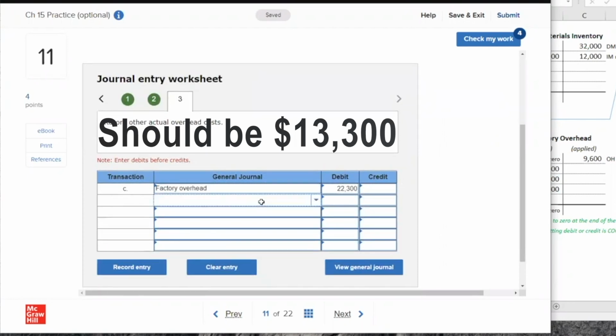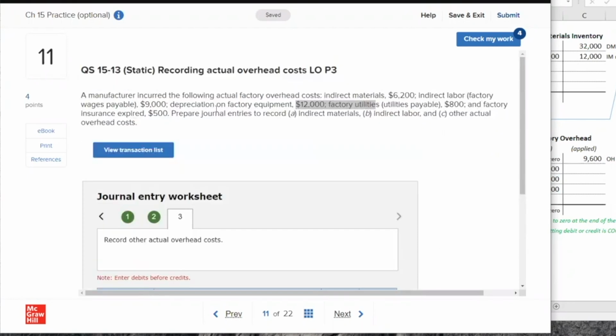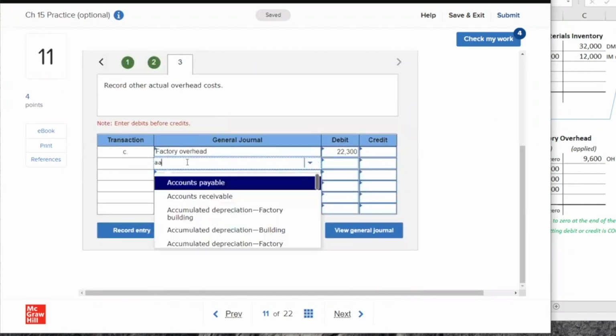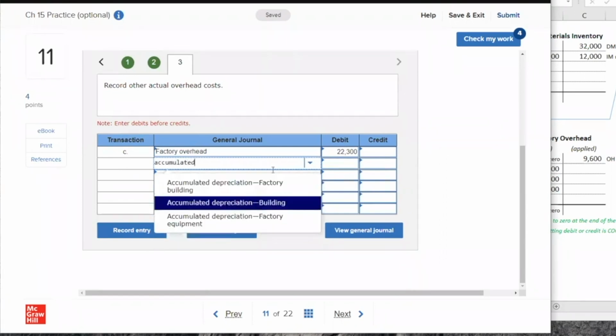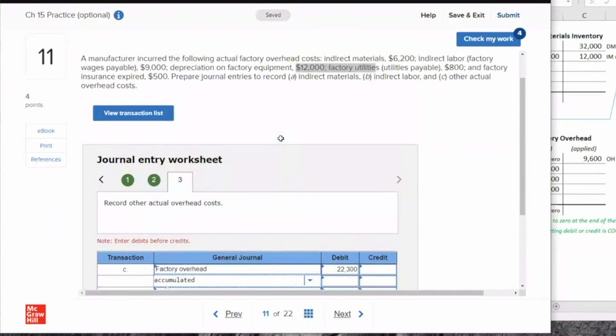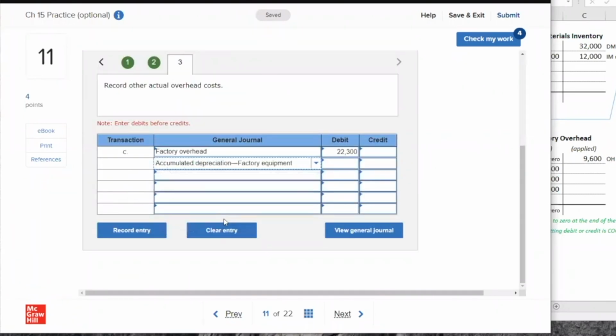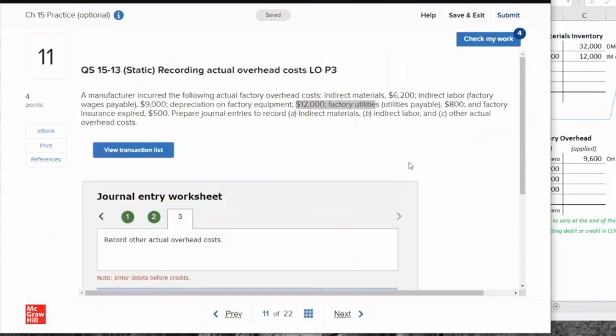What do we credit? Well, it's several different things, isn't it? So for the depreciation, we're going to credit what we credited in Accounting 101: accumulated depreciation of what? Factory equipment. And what is it? 9,000?